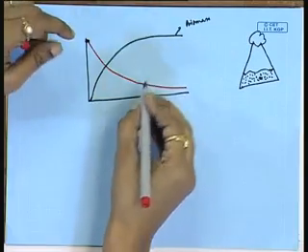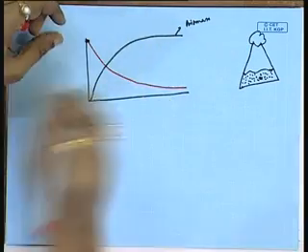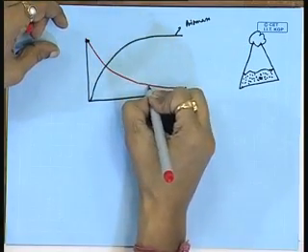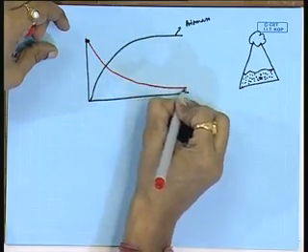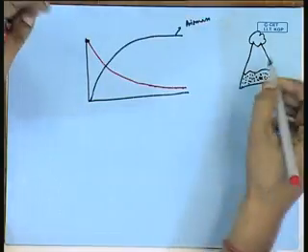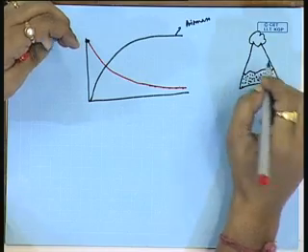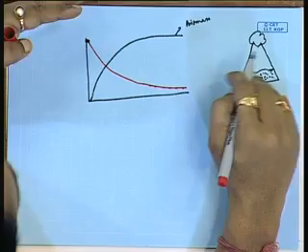Now, after a certain time period, what is happening when carbon concentration is gradually getting depleted? The microbial cells which have grown and are present inside the reactor are not getting sufficient nutrient.